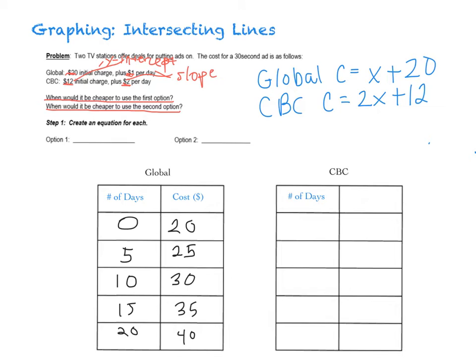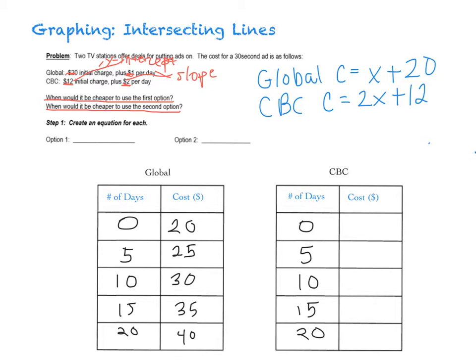So I'll just write those in now. So for the y column of the table of values, I'm going to make that cost. And so now I can fill in the y values.